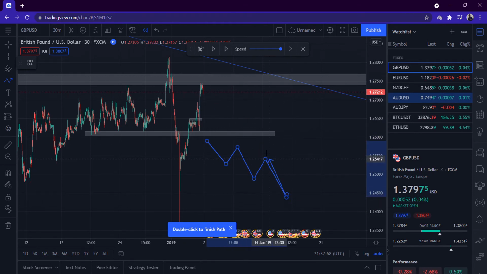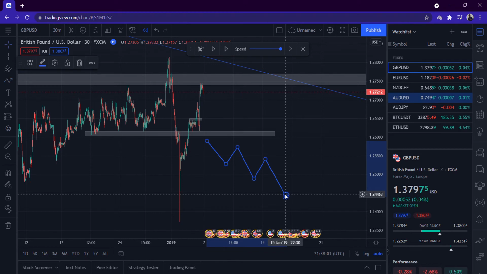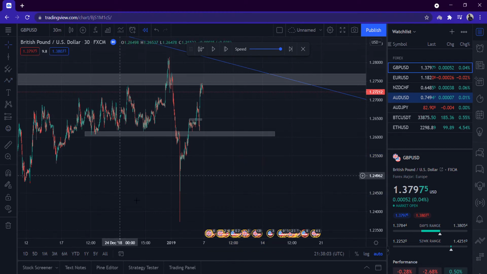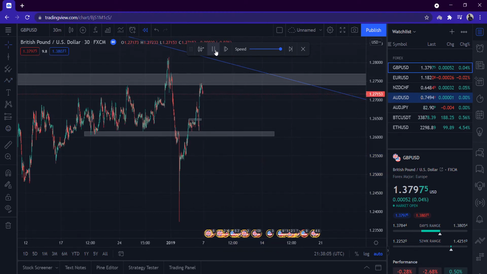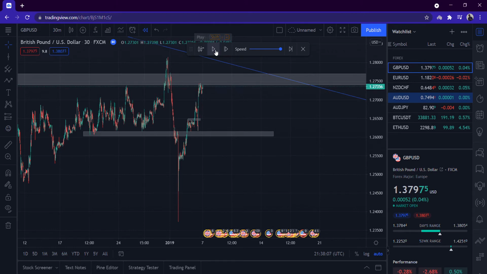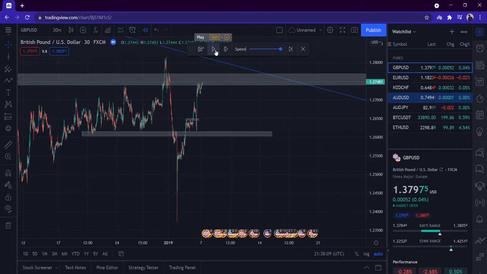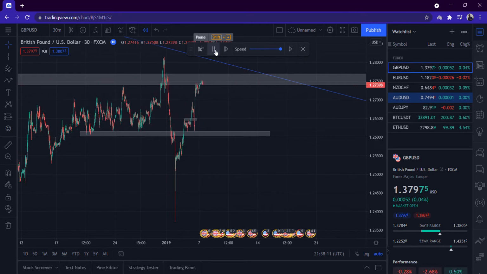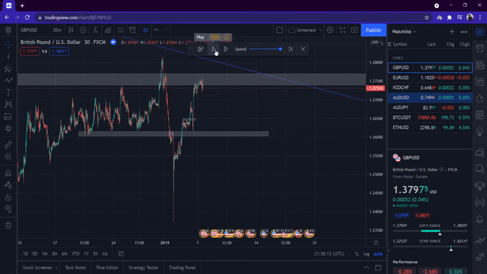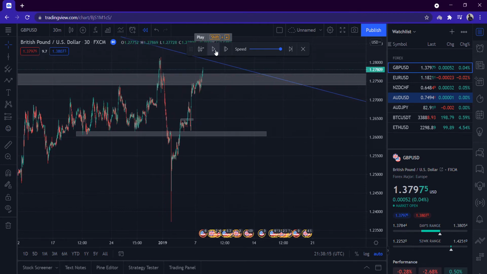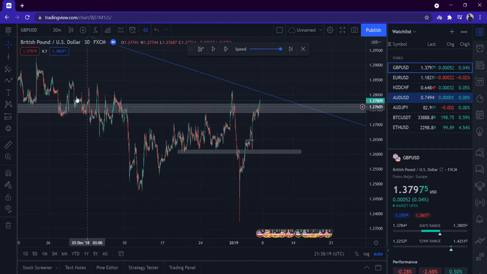So yep, let's see how this plays out. No lower high being formed, but we have a higher high. Okay, so we've broken over the psychological level, right?